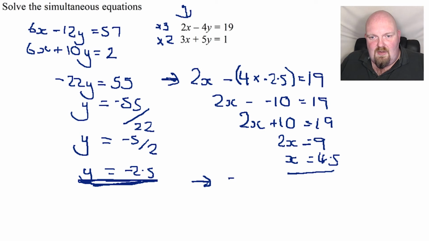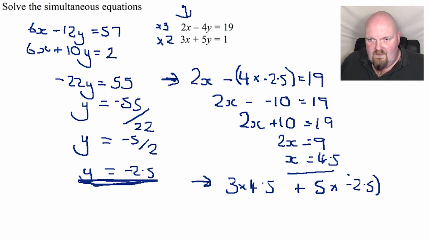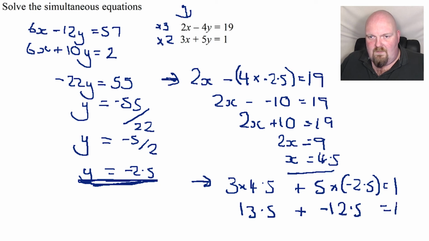So 3 lots of x, which is 4.5, so 3 times 4.5, plus 5 lots of y, which is negative 2.5, and that equals 1. 3 lots of 4.5 is 13.5, and 5 lots of negative 2.5 is negative 12.5, and that equals 1.